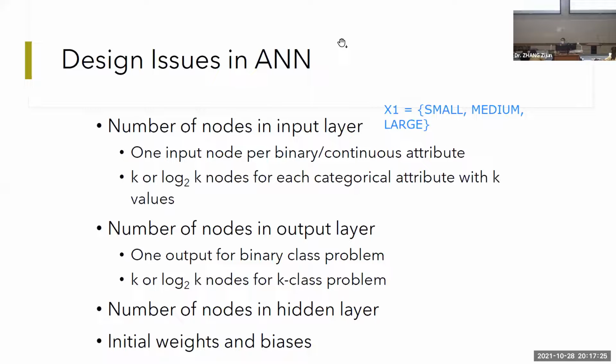Okay, got my point? So it will become 3 input nodes. Each one is binary. This one means small or not small, 0, 1, medium, and large. Okay. I apologize for my writing, but you can get my meaning.